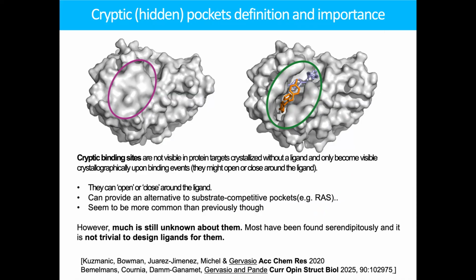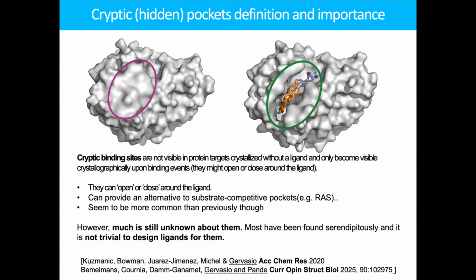Typically they are defined as binding sites that are cryptic, from the Greek for hidden, so not visible in the protein targets crystallized without a ligand, and only become visible crystallographically, or by NMR or cryo-EM, upon a binding event.